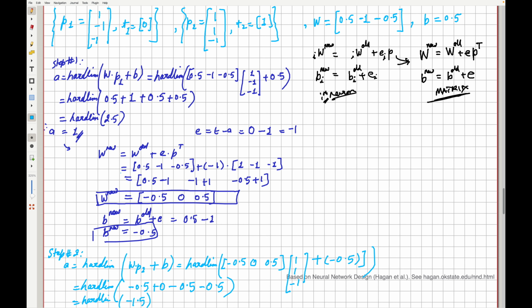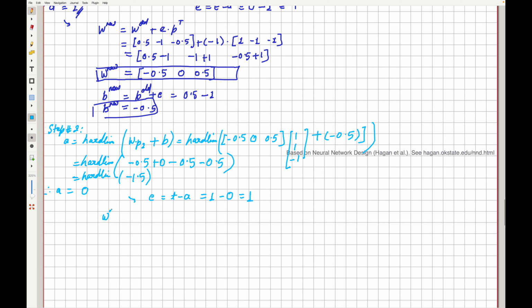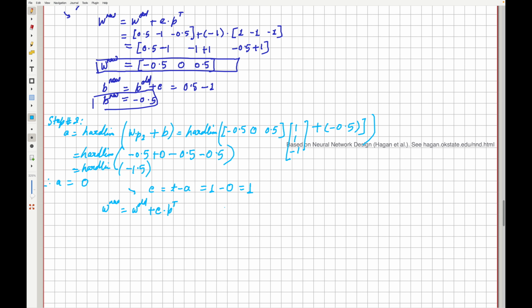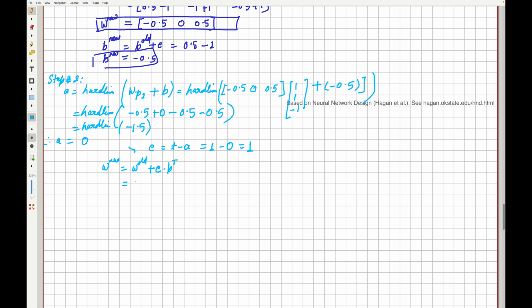And so to do that, w new is equal to w old plus e times p transpose, and the value for w old that we have is this one, the one that we just used, minus 0.5, 0, 0.5, and the value for e is simply plus 1, and times p transpose, the value for p is 1, 1, minus 1 that we just used, and so the new weight matrix would be minus 0.5 plus 1, that gets us 0.5, 0 plus 1 gets us 1, 0.5 minus 1 gets us minus 0.5. And so this is the new w we have.